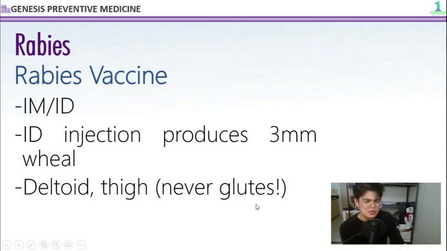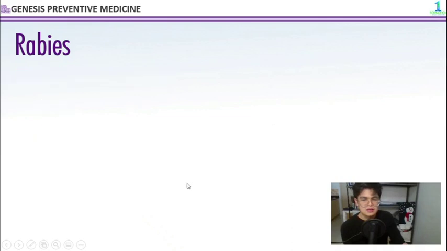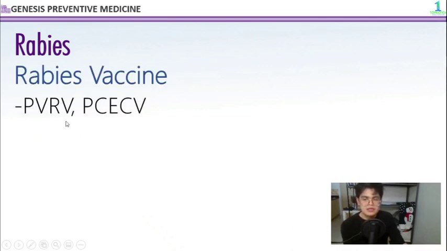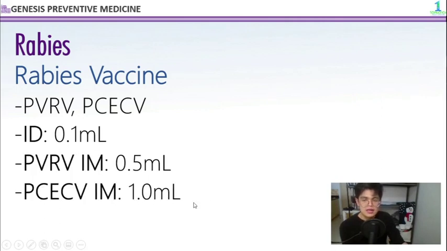So the rationale for this is purely from efficacy. The rabies vaccine has been found to be more efficacious when given in the deltoid area and in the thigh area. So that's basically it. Rabies vaccine, again, as I alluded to earlier, there is an existing IM and ID administration route, and the doses will vary.